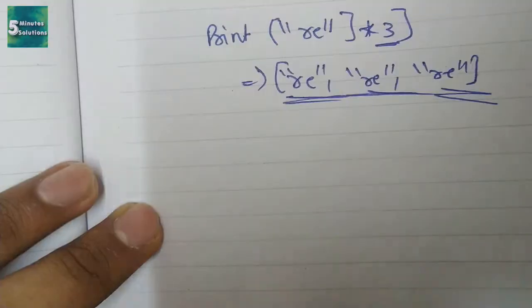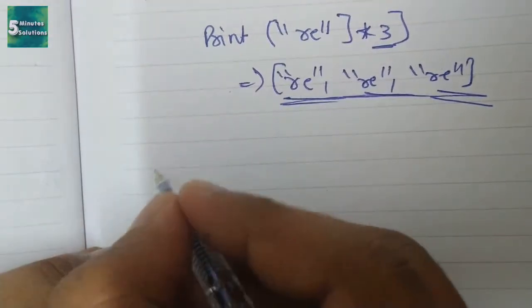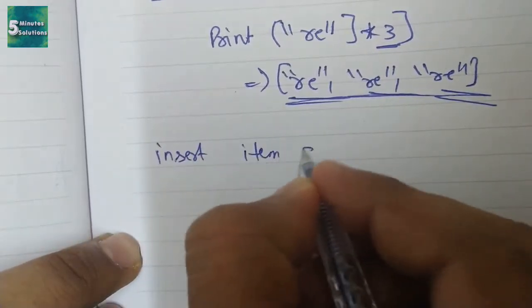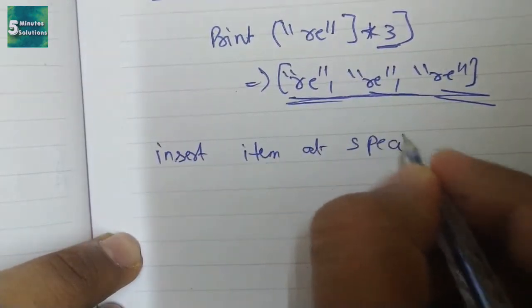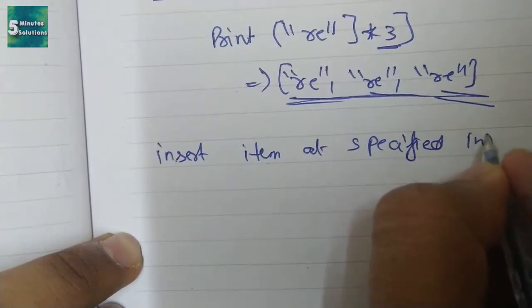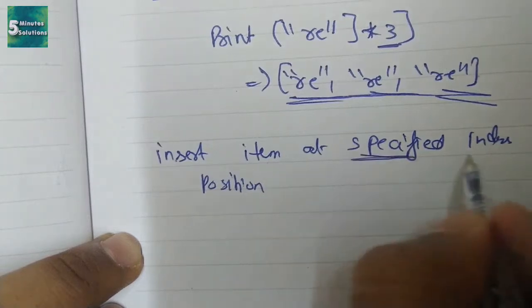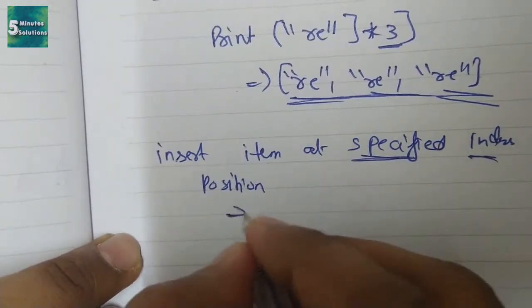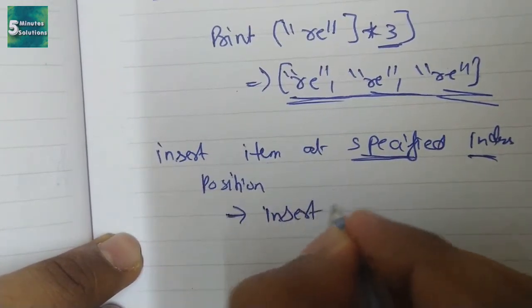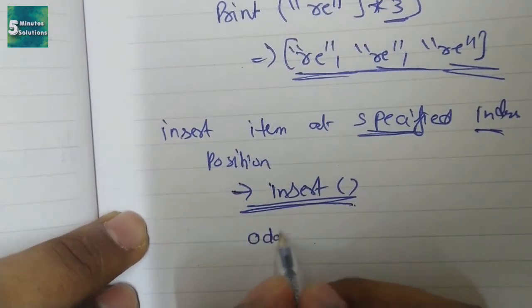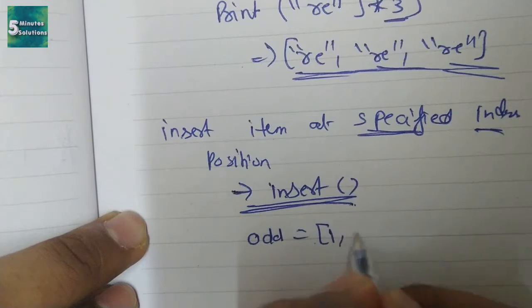In a list, if you want to insert an element at a specified index position, we use a method called insert. Let's take an example. Let's take odd is equal to 1 comma 9.